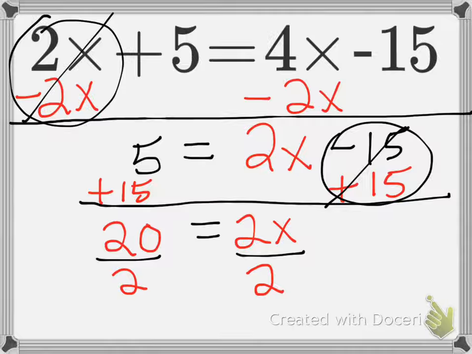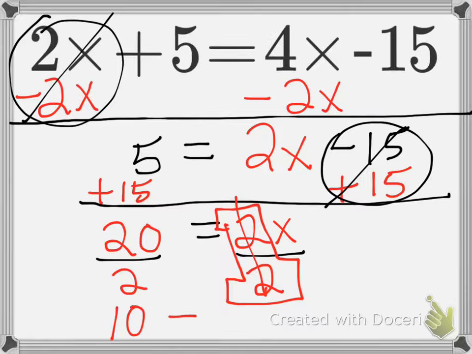And then 2x divided by 2, that's going to make a giant 1. And 20 divided by 2 is 10. And then I just have x left. So x is equal to 10.